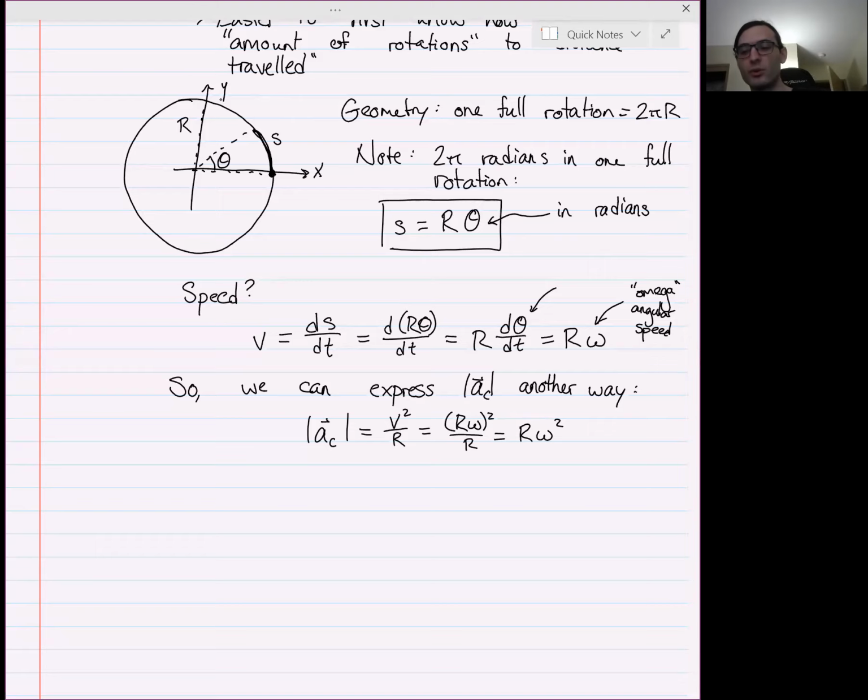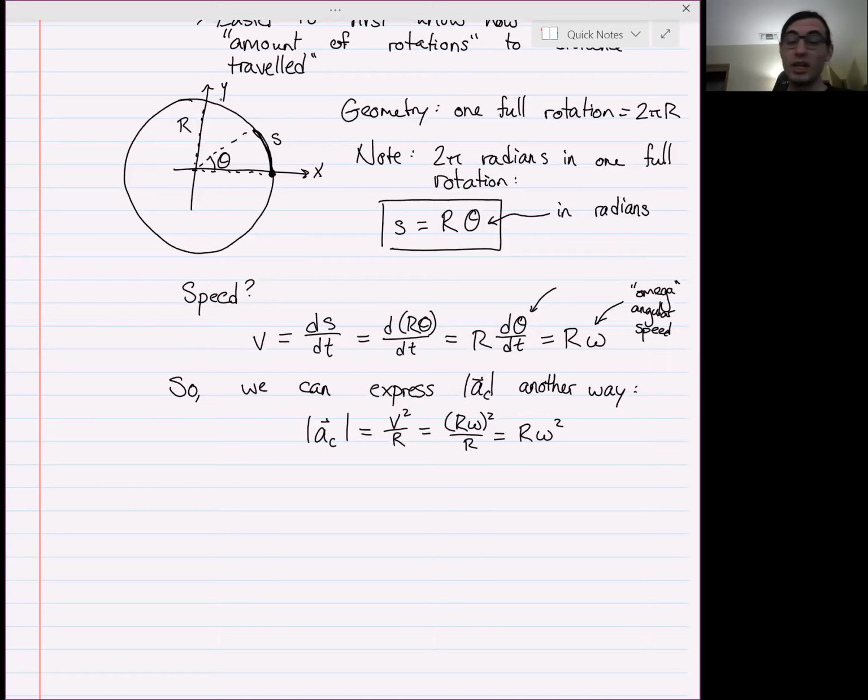And if we wanted to be extra precise, omega could be positive or negative, meaning counterclockwise or clockwise. Generally, we take counterclockwise to be positive and clockwise to be negative. But again, that's a convention, and actually a convention that relates to the right-hand rule, by the way.